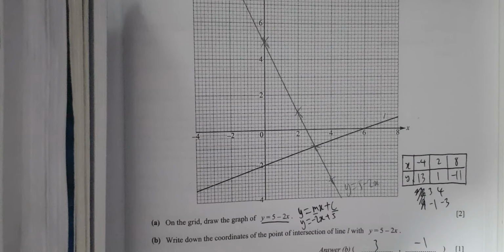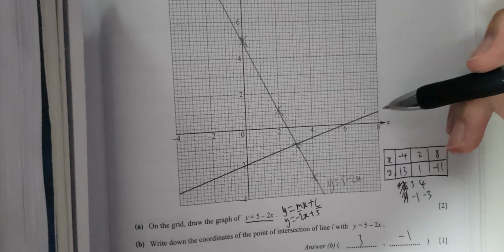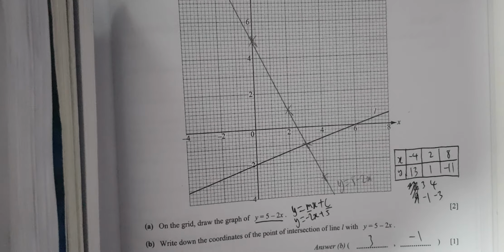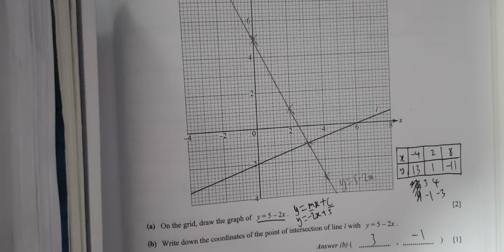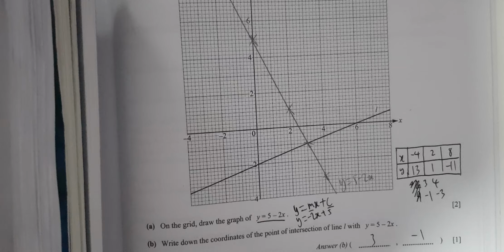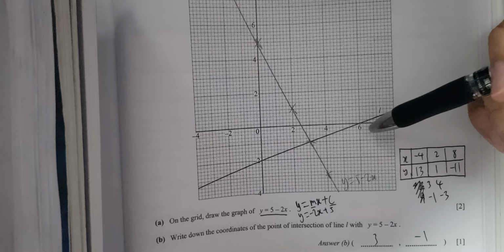Okay, part c. Find the gradient of line L. I have line L over here. How do I find the gradient then? Now, in this type of questions, what Cambridge would like to see is the use of integer coordinates to find the gradient. So I have to look for integer coordinates.